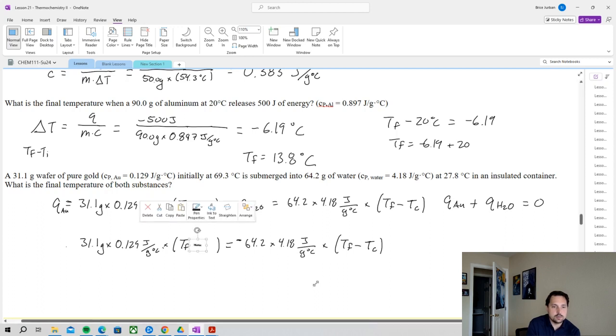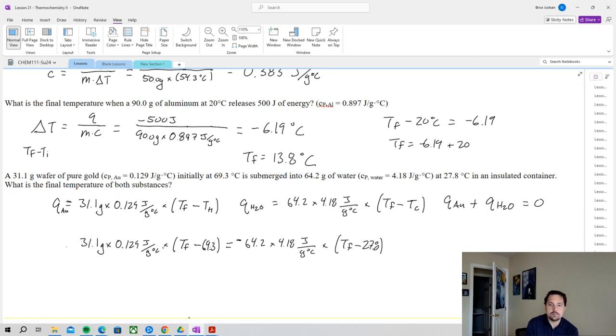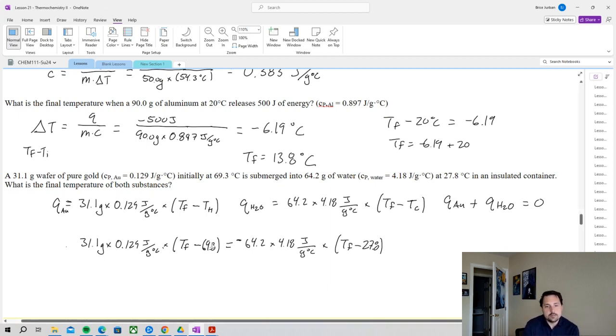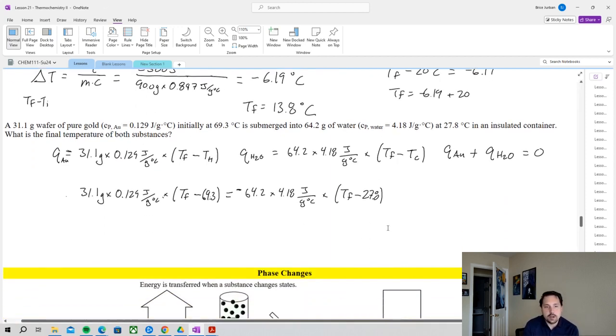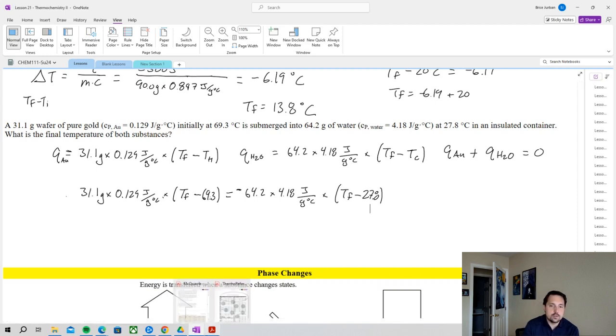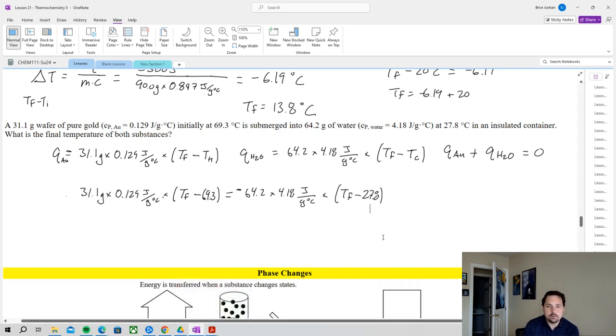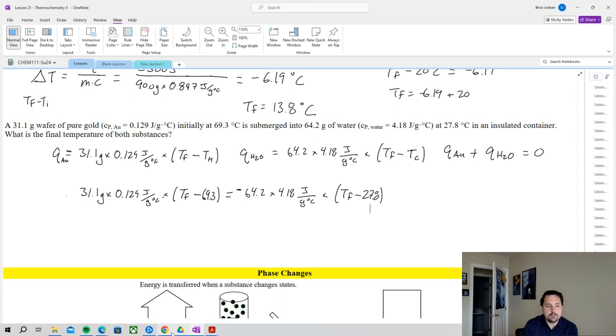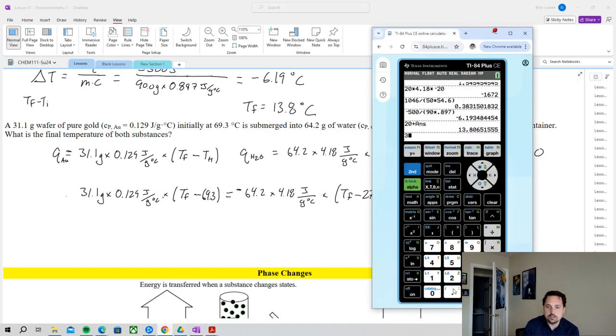So this one was 69.3 degrees, and this one was 27.8 degrees. And at this point, I just usually distribute everything and then recombine it. You can do it a little bit differently than that, but that's generally how I do it. It's easier.